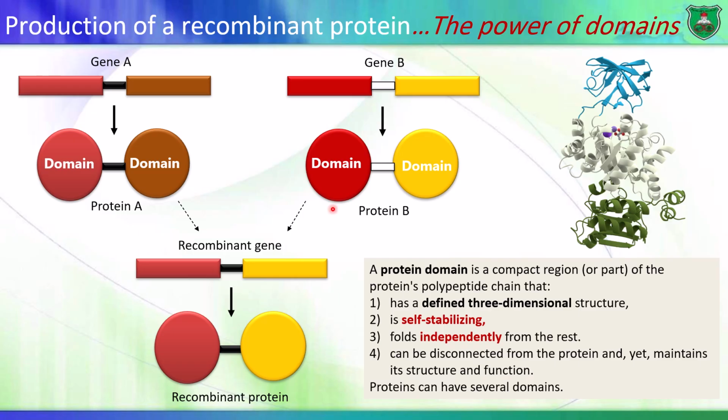Now, we can make a recombinant gene that produces one domain from protein A and a different domain from protein B, producing a recombinant protein that is made of different domains from different proteins. Now, this domain maintains its function and structure as well, and this domain maintains its structure and function as well.